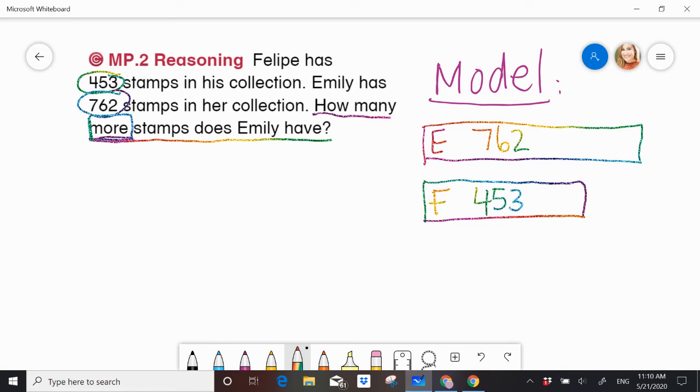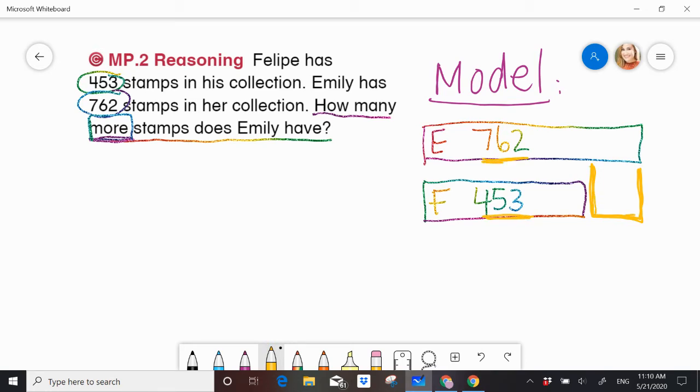So I'm comparing, and I know a key phrase, how many more, is a subtraction key phrase. But even if I didn't know that, I can look at the pictures and say, how many more stamps does Emily have? Well, Emily has whatever this amount is, more, right? So Philippe has this number. Emily has this bigger number.